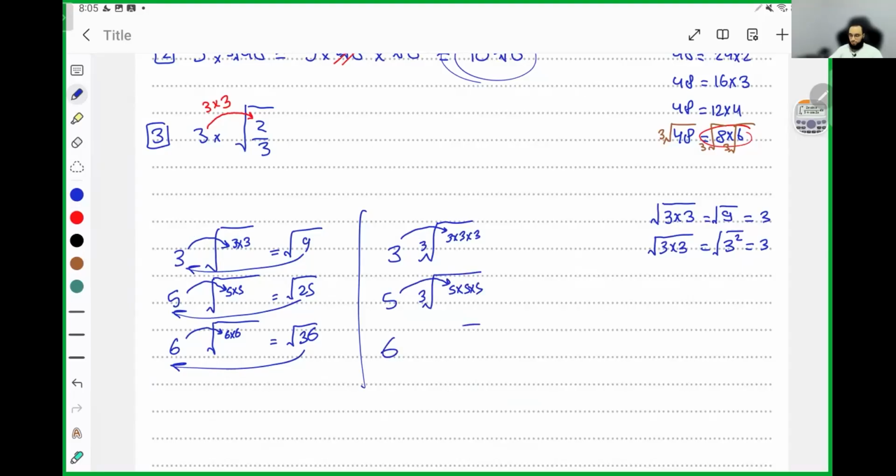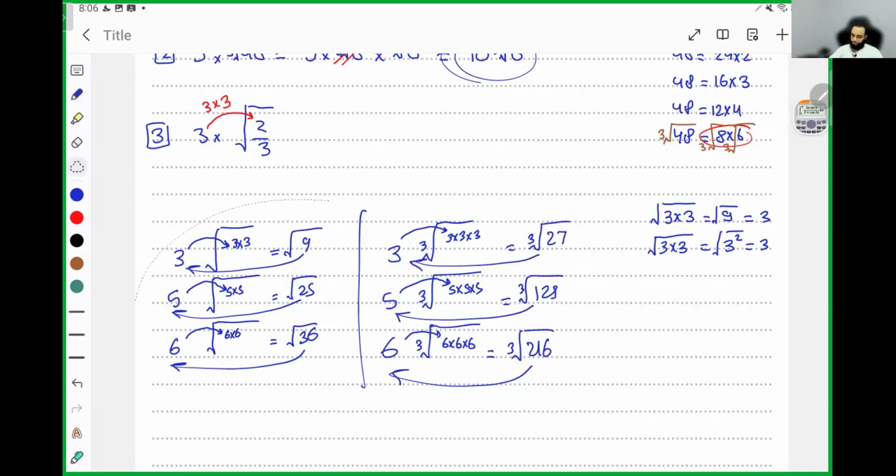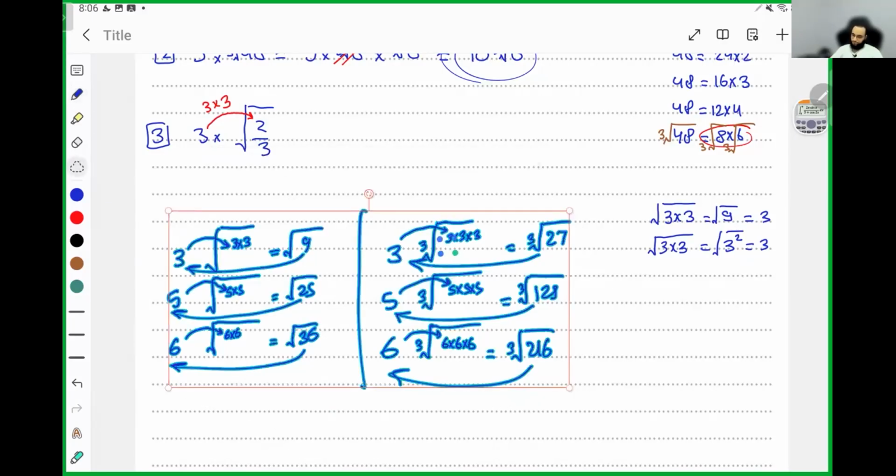What about 6 if it is outside the cubic root? How can you get it inside the cubic root? 6 times 6 times 6. Actually, this is 216, which is 6. And this is 125, which is 5. And this is 27, which is 3. You got the difference? Got it.